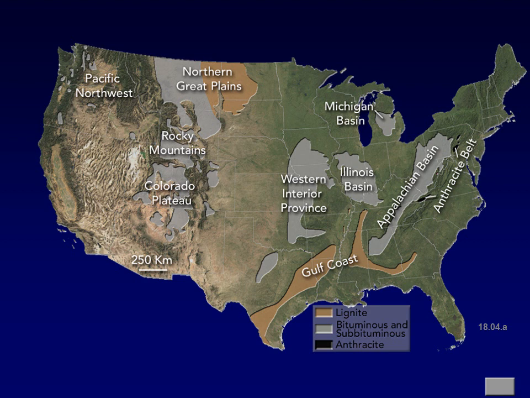So if you think about the environments required to produce coal, which would be near the coast, in swampy areas, and the environments necessary to form petroleum, which would be oceans, as the sea level moves around, you're going to end up having overlap of both of those, right?